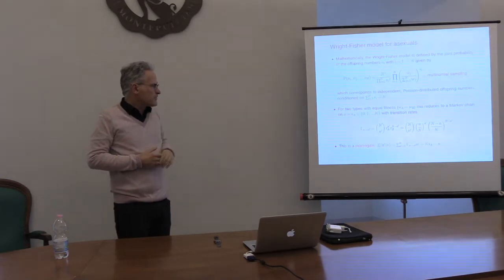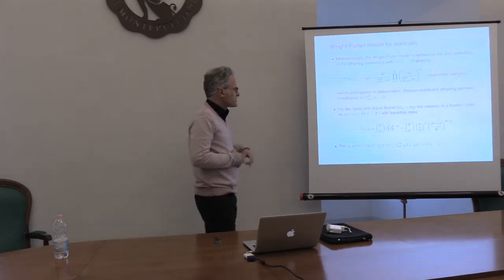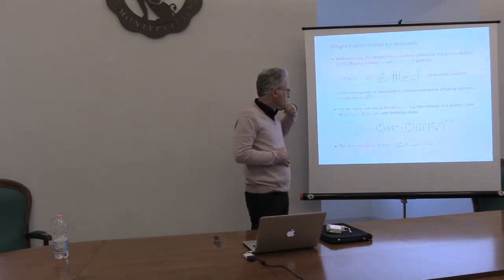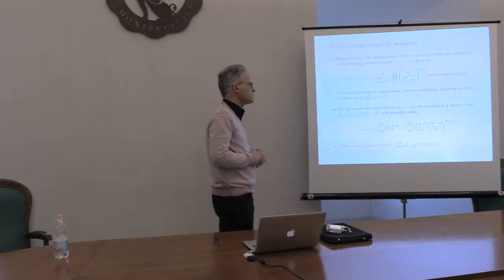Now this is of course a fairly complicated process. To see what is going on, one can reduce it to just two types, and to be even simpler, let's say the two types have the same fitness.